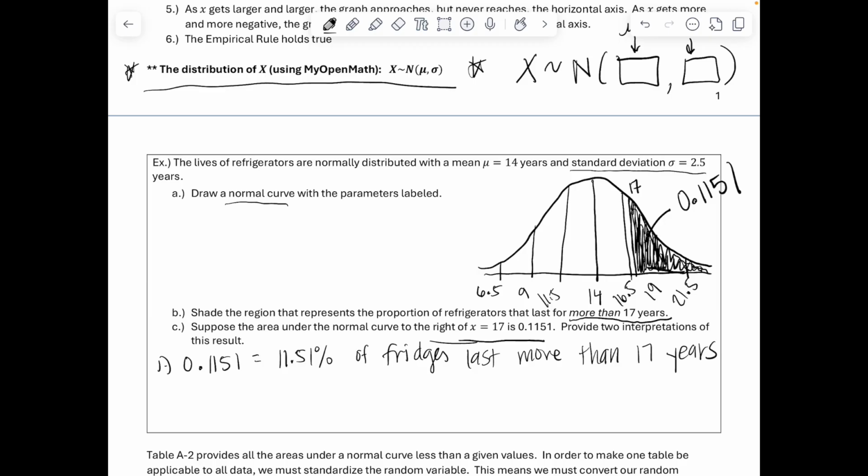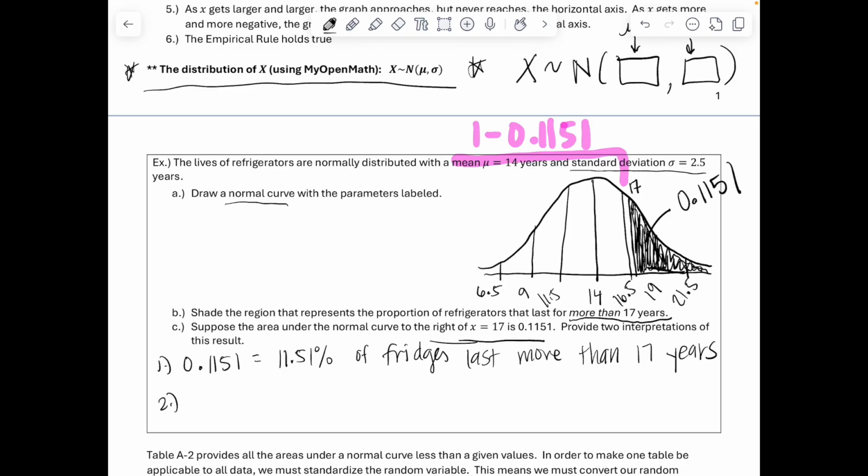Well, if we know the total area under the curve is equal to 1, then we can find the area of it being less than 17 years. And we would do this by doing 1 minus that area that we have to the right, or using the complement idea that we've seen in previous chapters.